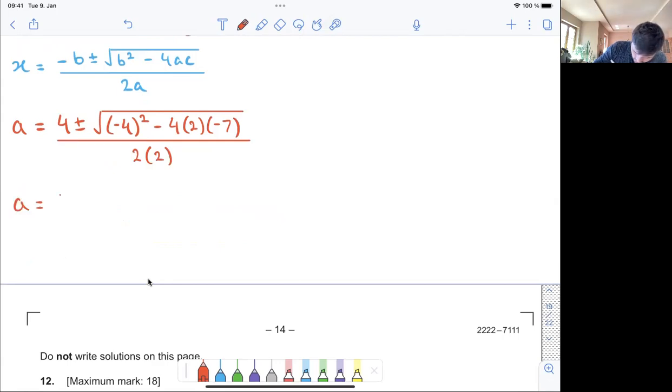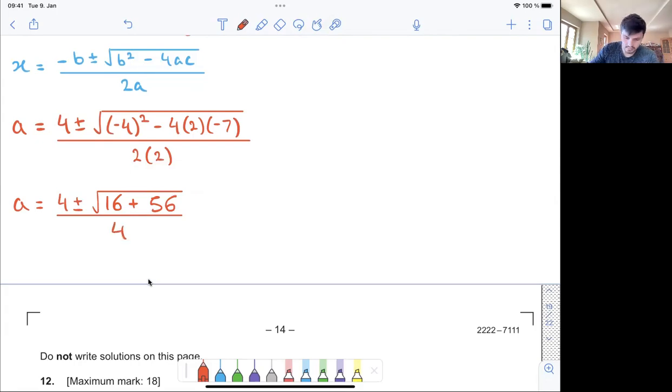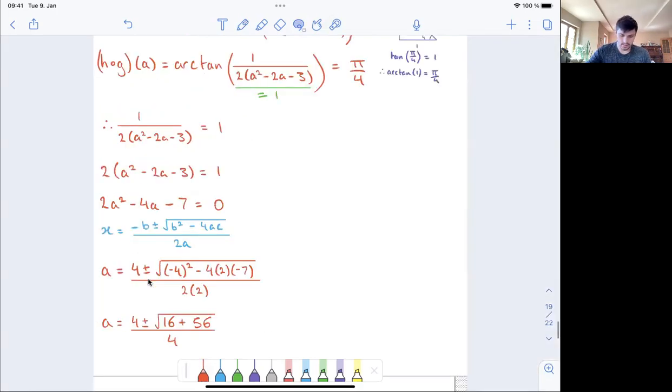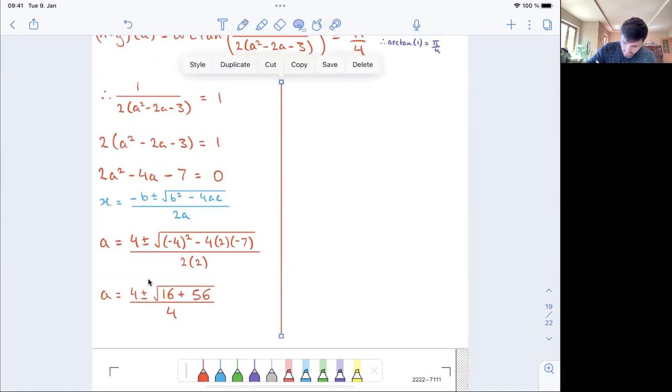We'll say 4 plus and minus the square root of 16. This is going to end up being plus 56, I believe. Yeah, 56, all over 4. And then we can also clean this up a bit. What we'll do is we'll draw a margin down here, and we'll work off to the right-hand side here.